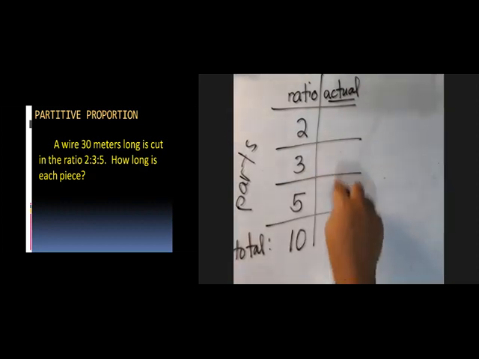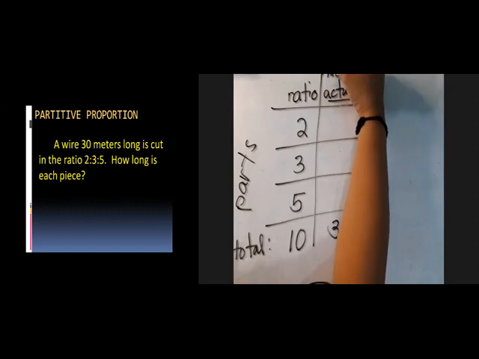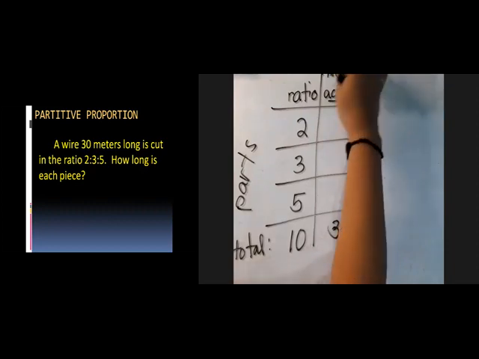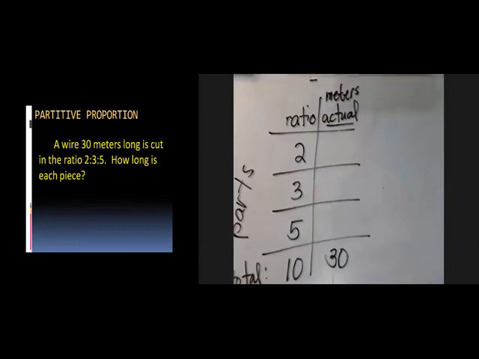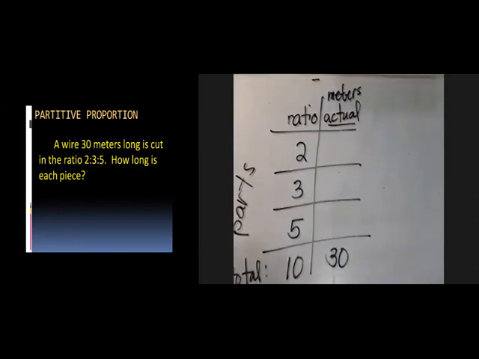Now, what we're looking for is the actual measures of the wire, which is cut into 3 pieces. And, dun sa problem natin, we are given that the wire is 30 meters long. So, saan natin ilalagay yung 30 meters long? Dun yun sa actual measurement natin. So, 30. Yung actual natin is in meters. Baba natin. Okay, ganyan.